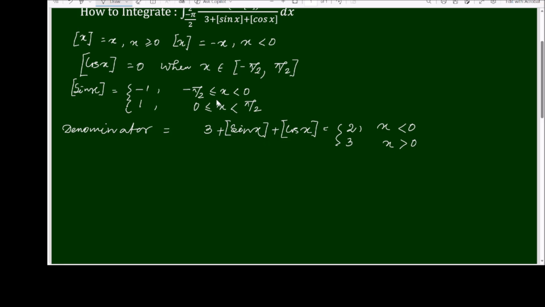Now let us come to the numerator. The limit is negative pi by 2 to positive pi by 2. So this is a big interval, and you will see the numerator, this greatest integer of x, takes many values. It will be negative 2 when x is from negative pi by 2 to less than minus 1.